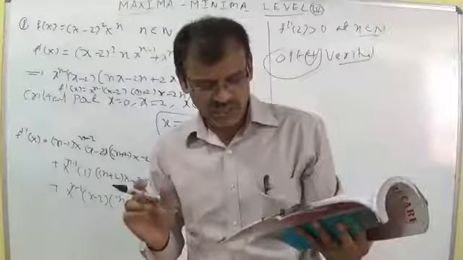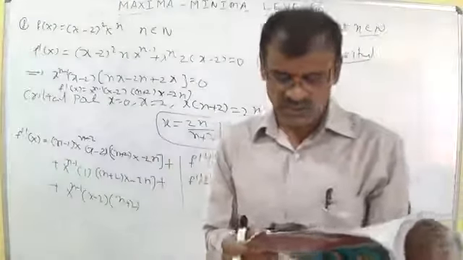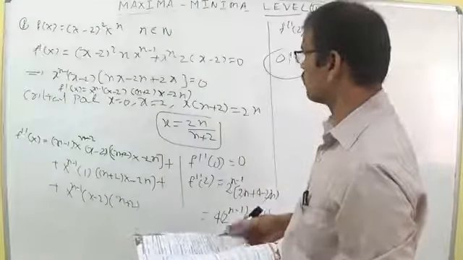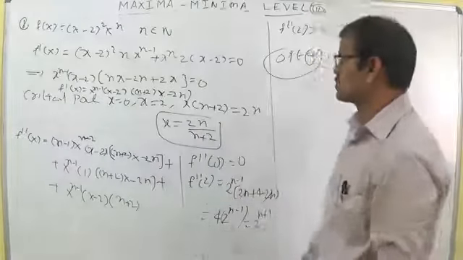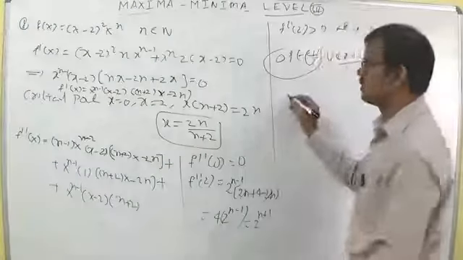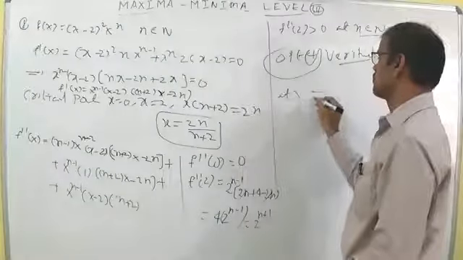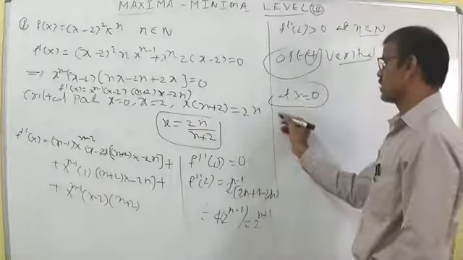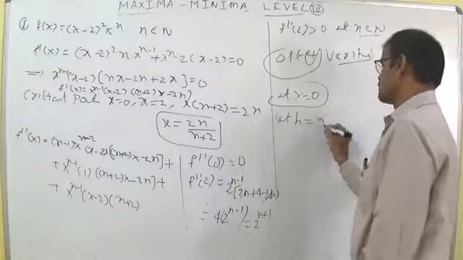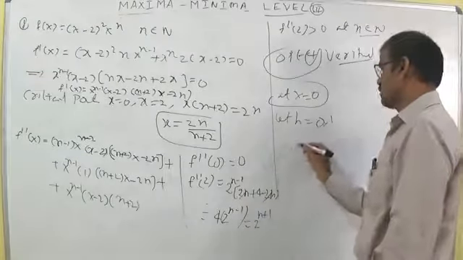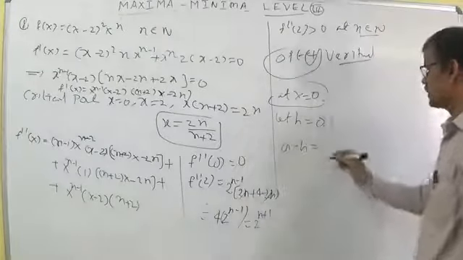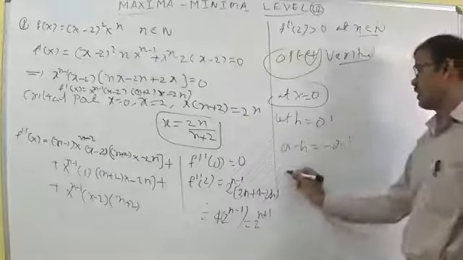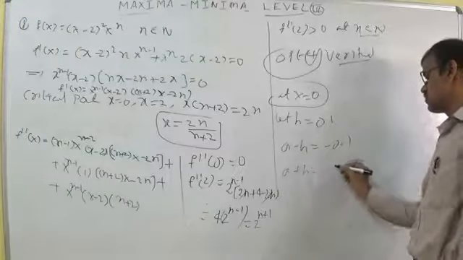Sir, if we need the minimum at x equal to 0 if n is even, you can calculate with the first derivative test. For x equal to 0, simply I am giving a hint, you do it as homework. Let h be equal to 0.1. a minus h is equal to 0 minus 0.1, that is minus 0.1, and a plus h is equal to 0.1.